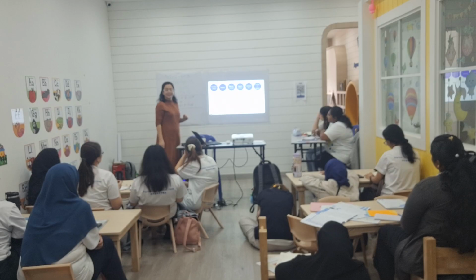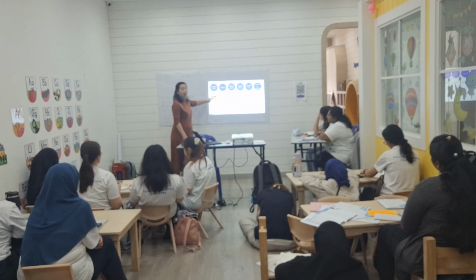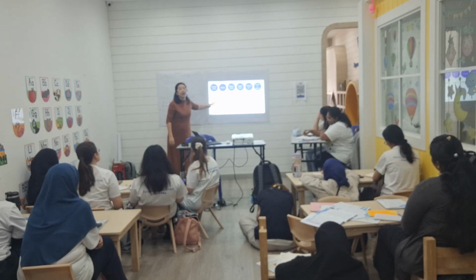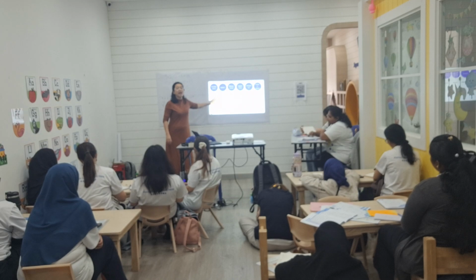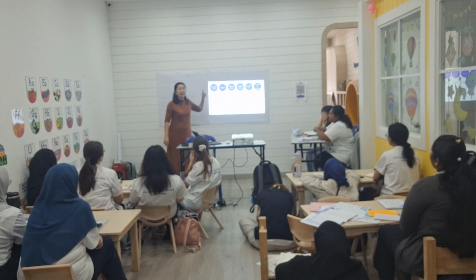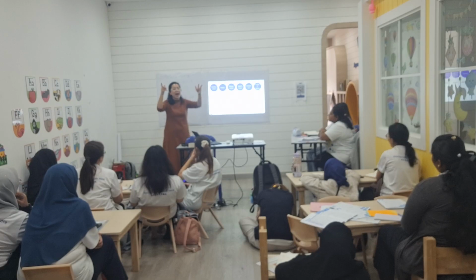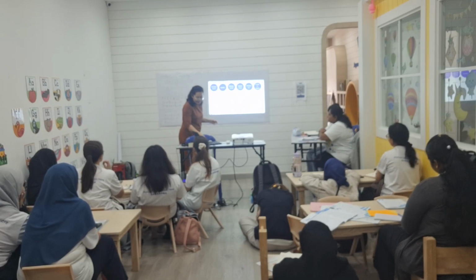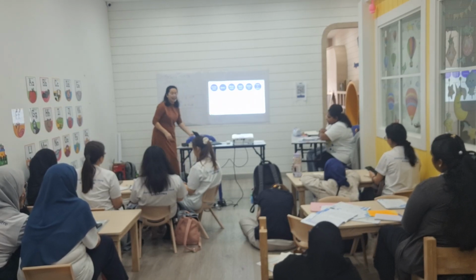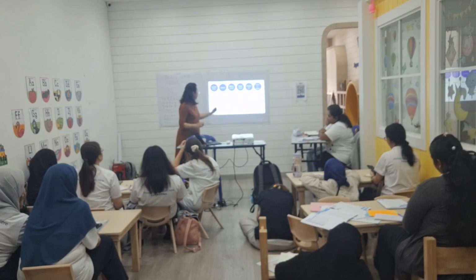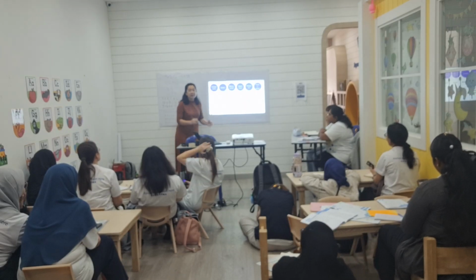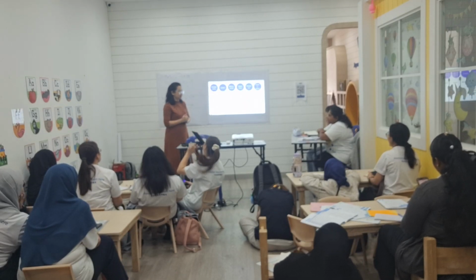Can you tell me what we have learned about shape? What is a shape? Circle, rectangle, square. Yes, correct. Good. Next, color. What are the colors we have learned just now?